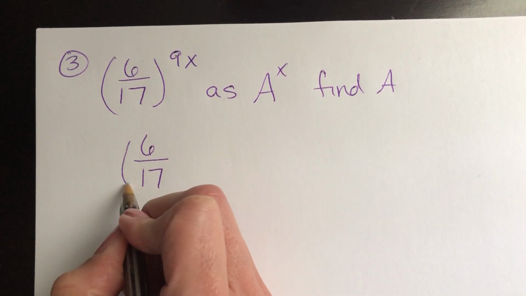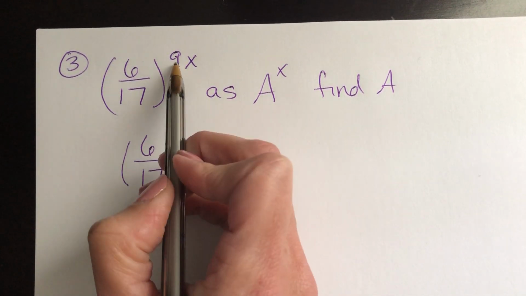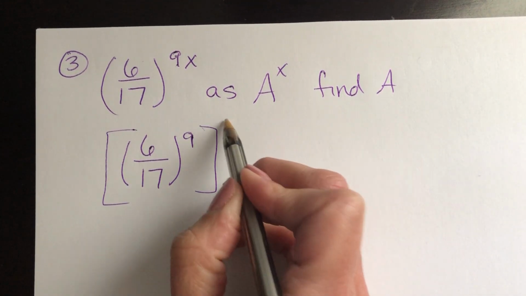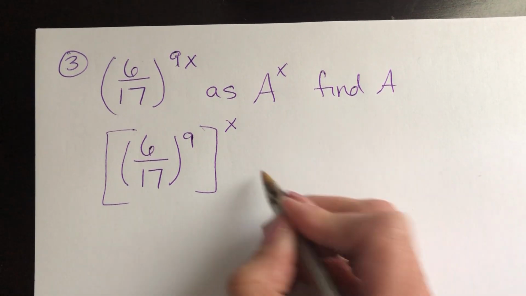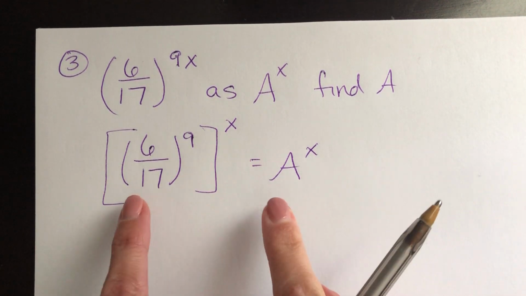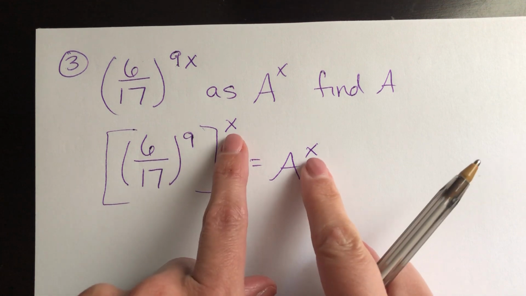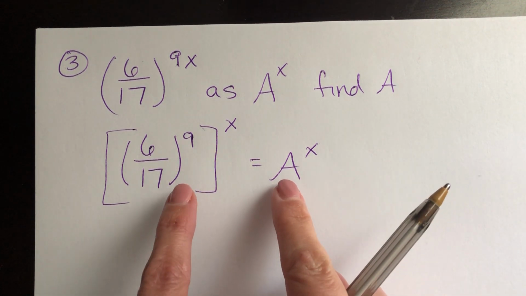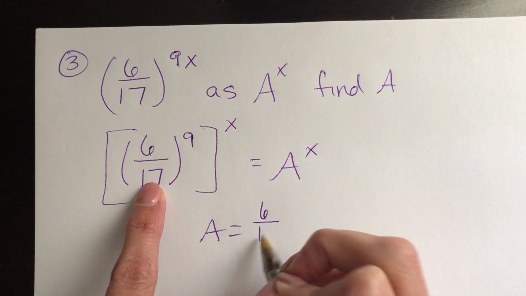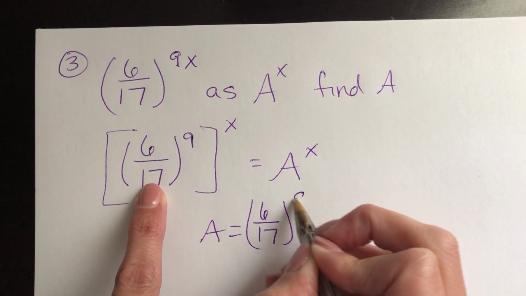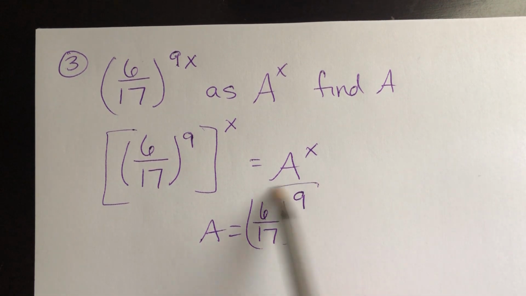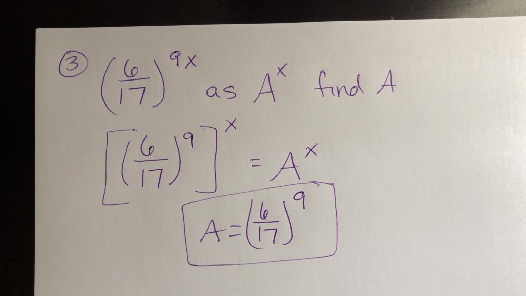So 6 over 17, I'm going to take that to the 9th power and raise that whole thing to the x power. Looking for a. Now they're both bases raised to the x, so I can just now say that a is equal to 6/17 to the 9th power. And then that would be your answer right there.